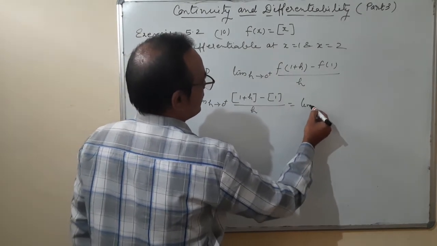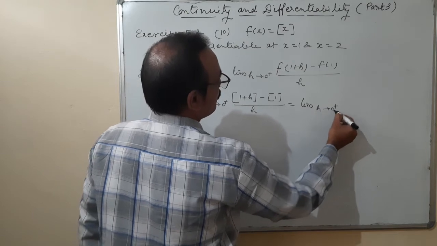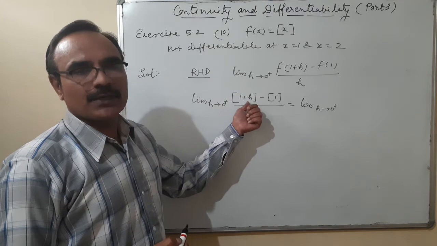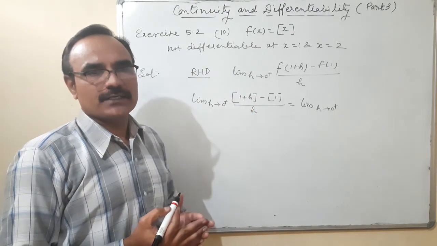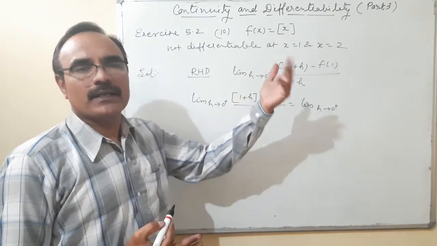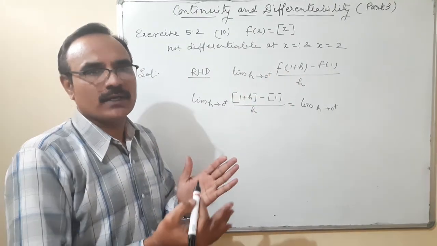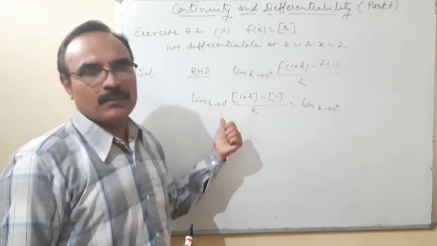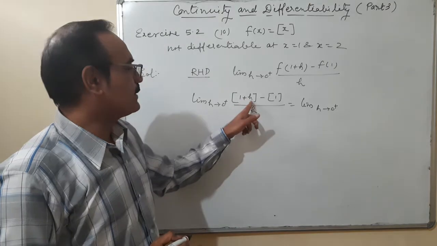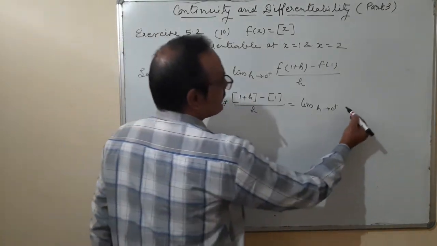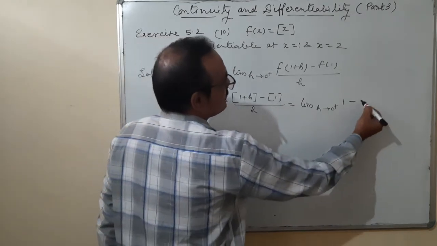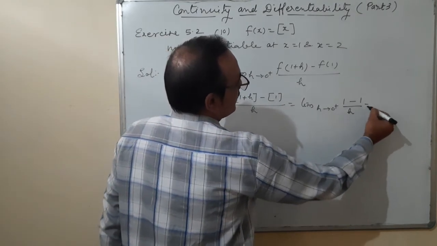So that means limit h tends to 0 plus 1 plus h. h is a positive quantity, and you know the definition of greatest integer function: 1.1, 1.2, 1.3 up to 1.9, whatever values are there after integer 1, its value is 1 only. Because the integer which is coming on the left on the number line is the value. So 1 plus h, its value is 1 only. 1 minus 1 is coming 0.